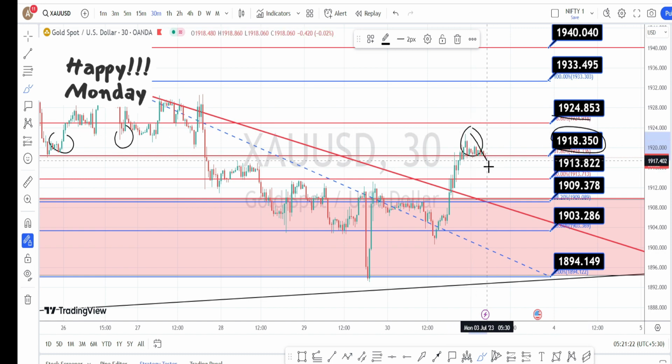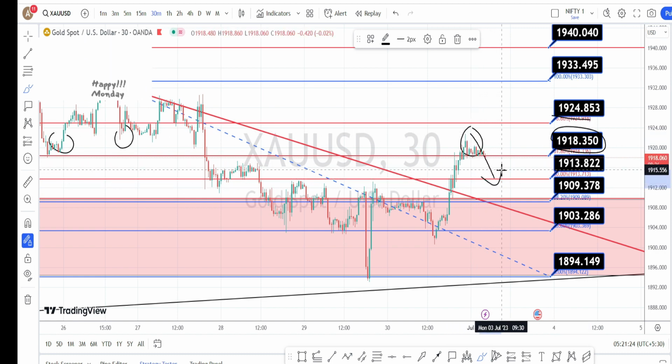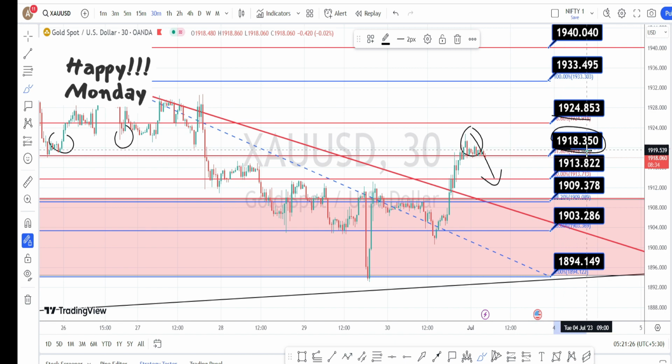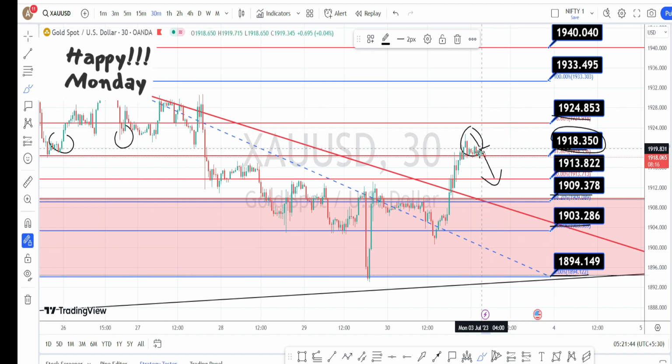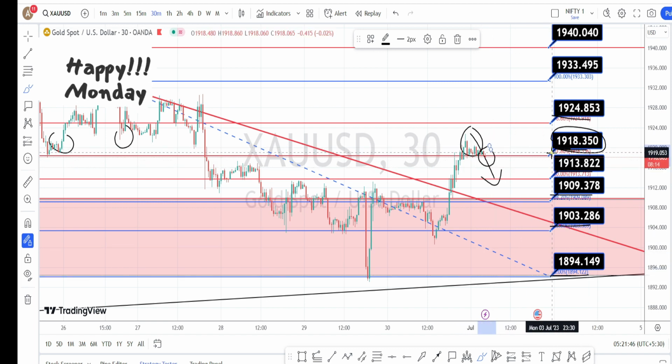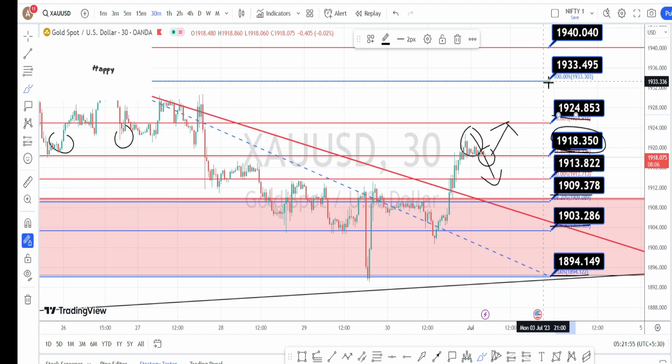If the price action bounces back on the bearish side retracement, breaking the current support level of 1918, the next levels of support are going to be around 1913, 1909, 1903 and 1894 on the bearish side. And if the price action takes support on the current support level of 1918 and bounces back on the bullish side retracement, the immediate resistance is going to be around 1924, 1933 and 1940.